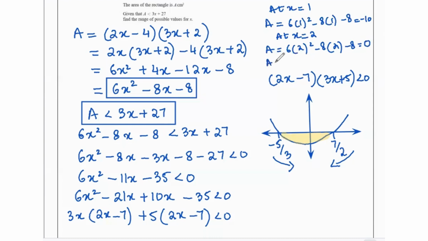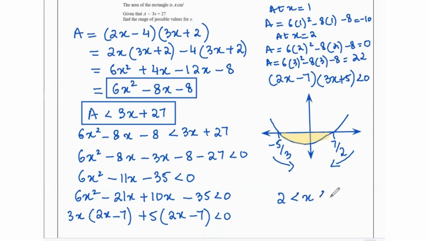If we use x equals 3, 6 times 3 squared minus 8 times 3 minus 8. So 6 times 9 minus 24 minus 8, that's giving us 22. So from x equals 2 onwards, your area is becoming positive, which means the least value of x is 2, and 2 is not included in the range because the area cannot be 0.